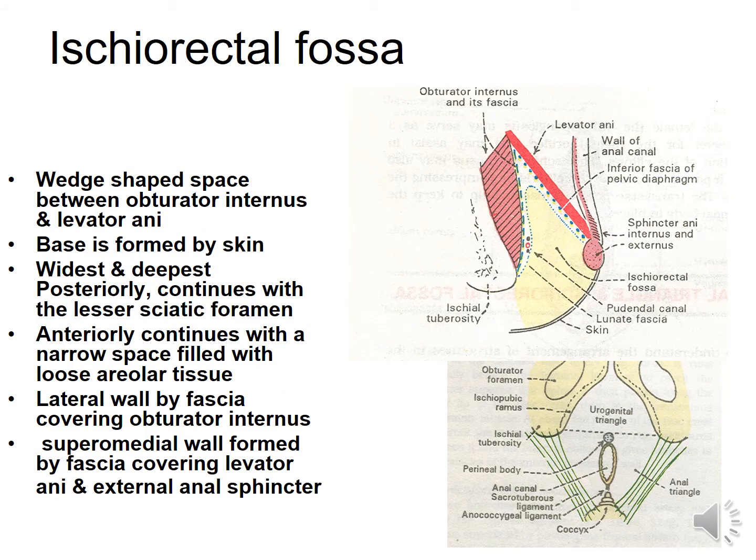Now we know the location of ischioanal fossa, that it is located on either side of anal canal, a fat filled space, and the shape is wedge shaped. It is located below the levator ani, that is the pelvic diaphragm. The base of this wedge-shaped space is formed by skin, and apex is directed upwards and laterally, as we can see in the diagram given above.